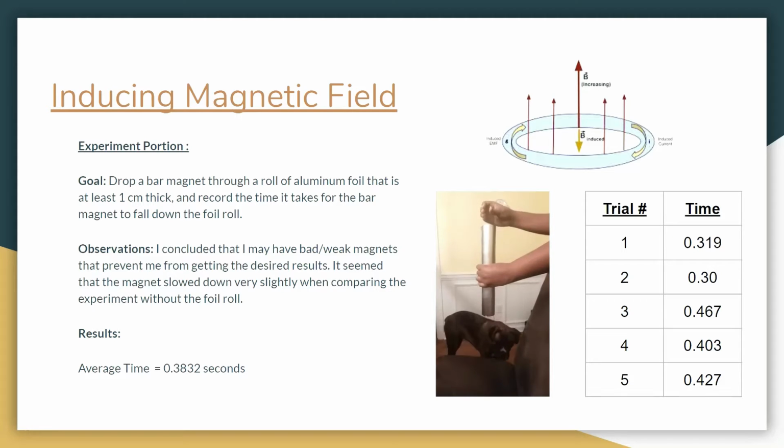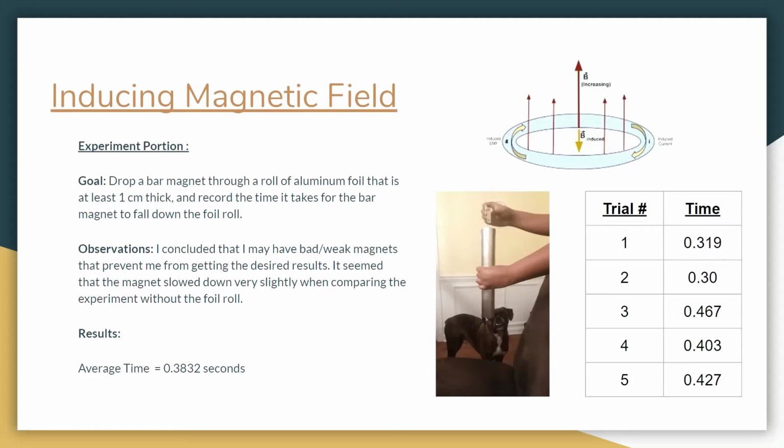But as you can see, with my recorded times, it doesn't seem to be that way for me. There doesn't seem to be any interaction happening between the magnet and the foil roll. As you can see, 0.3 seconds and 0.4 seconds, those seem like free fall times.